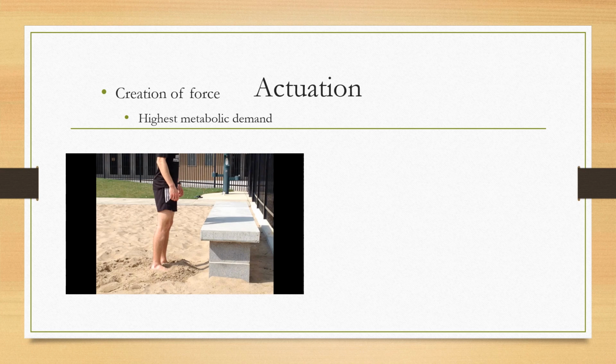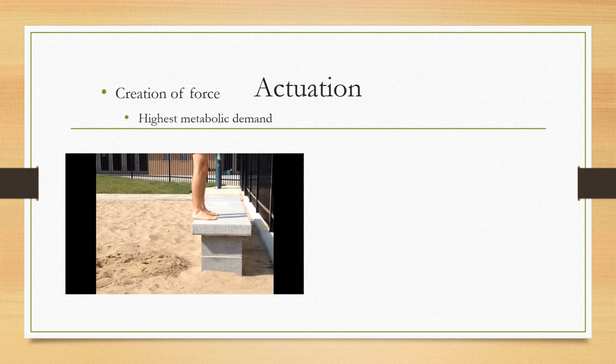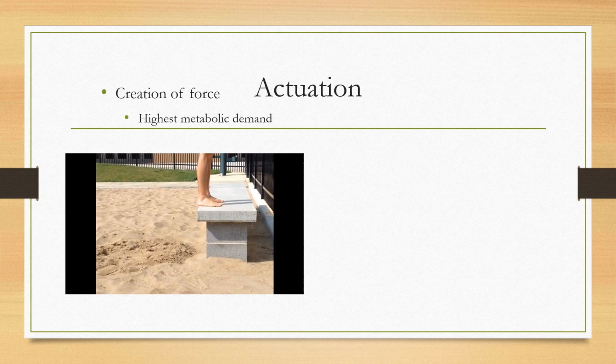He's in the sand volleyball court because the soft sand is going to absorb the energy being created by the muscles of his legs and feet as he jumps onto this bench, as you see here. So that's actuation, no input of energy from anything.